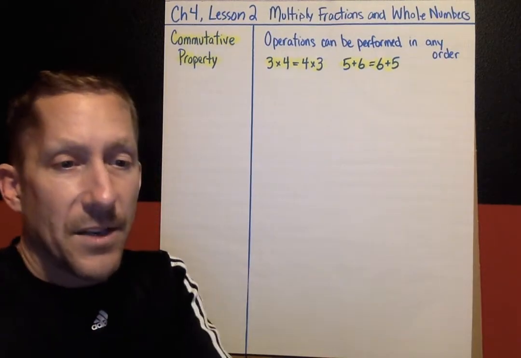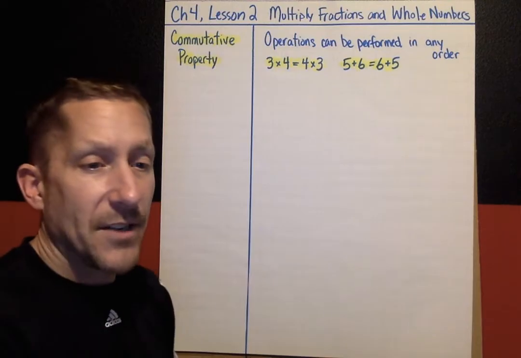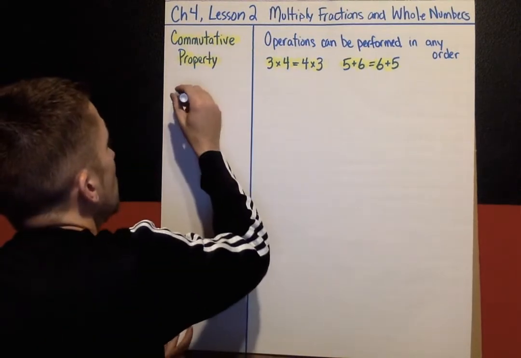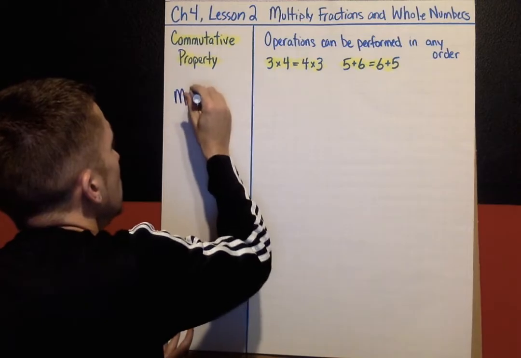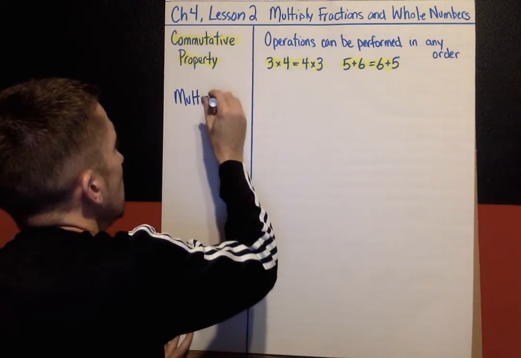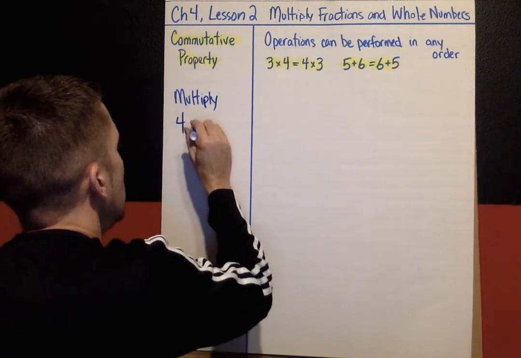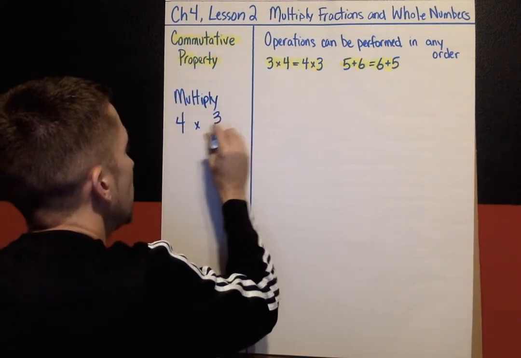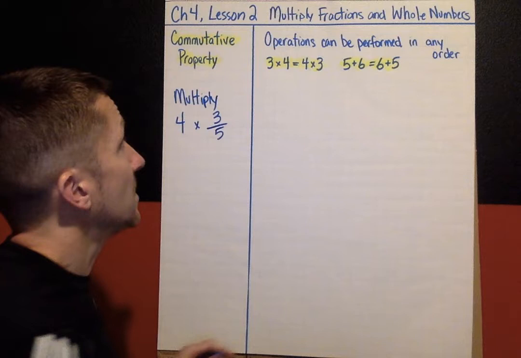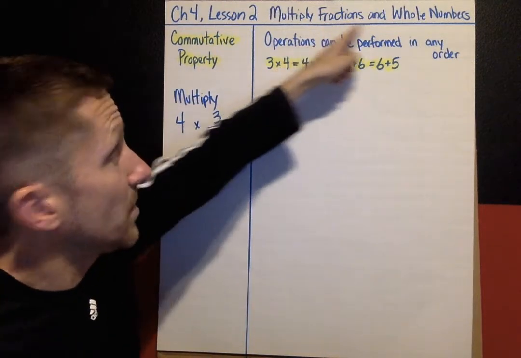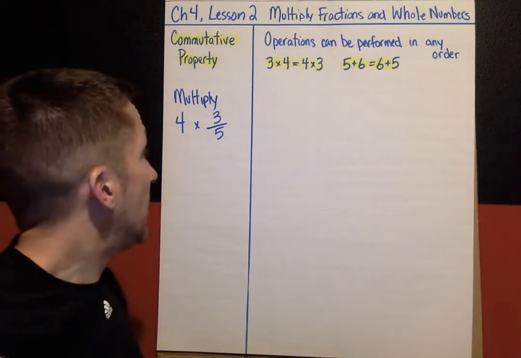Okay, let's get to multiplying fractions and whole numbers. The first example we're going to look at is 4 times 3 fifths. Here's our fraction, here's our whole number, and we're multiplying them together.